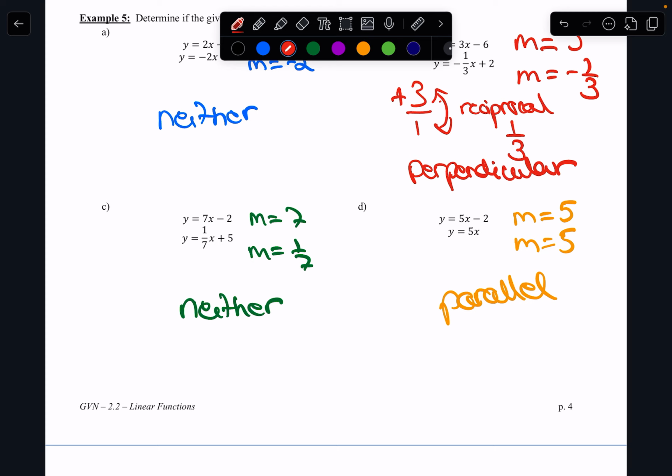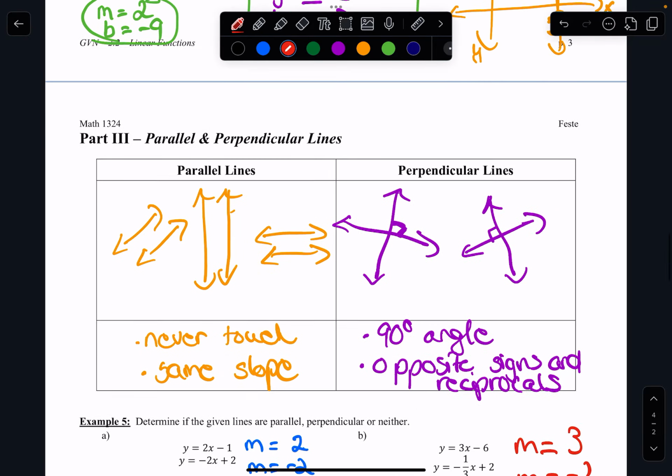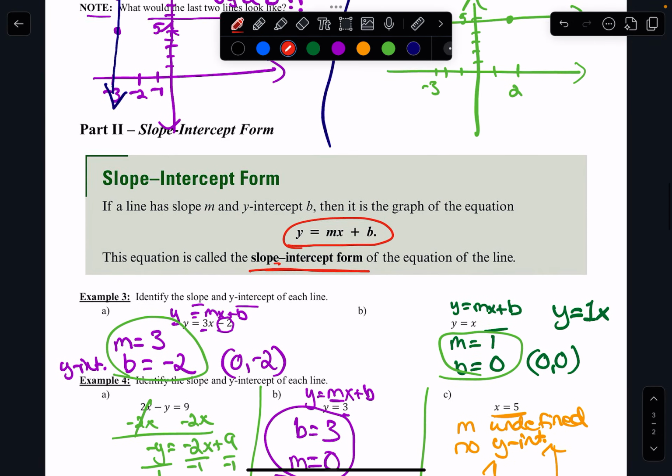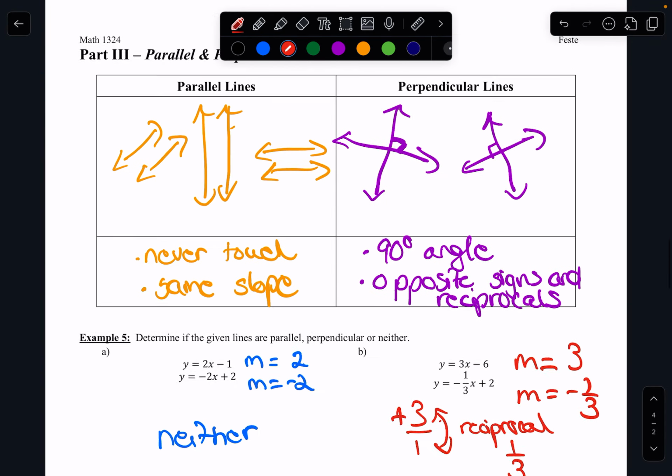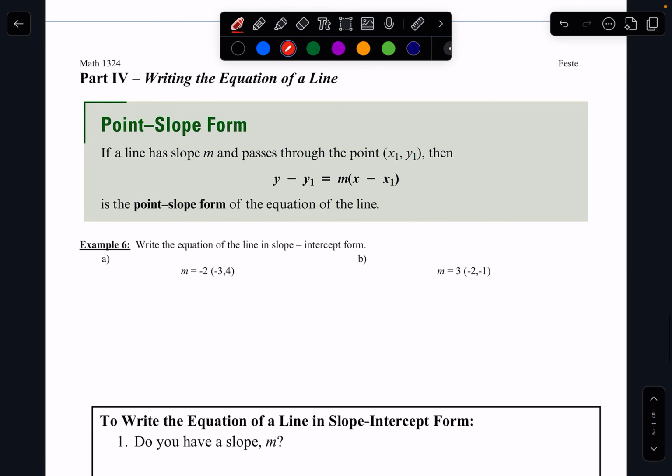Okay, next. So this was the slope-intercept form that we looked at over here. Now we're going to look at point-slope form. When you know the slope of the line and you know one point, that is when we're going to use the point-slope form.